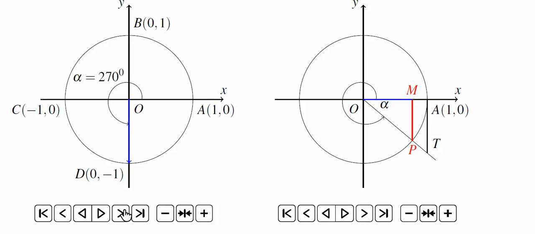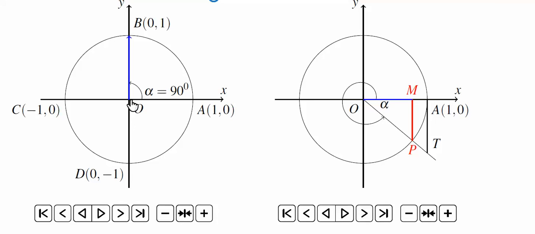Anyway, the terminal side cannot be on the y-axis. In this case, we have y in the negative direction, and the terminal side cannot be on the positive direction of y either.